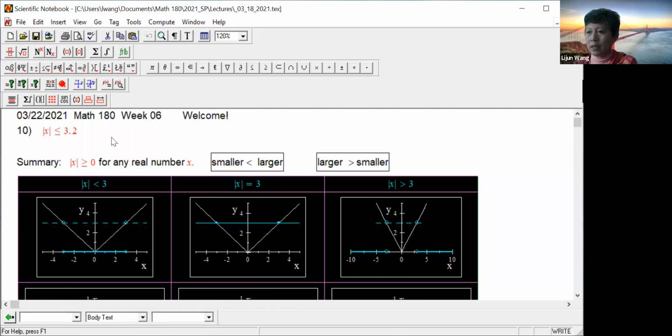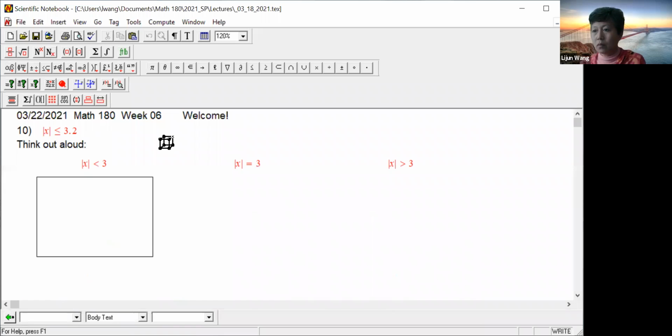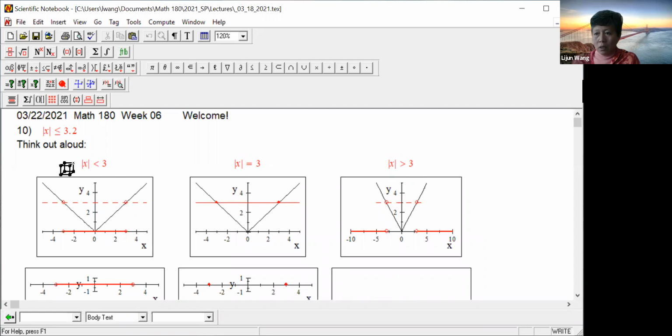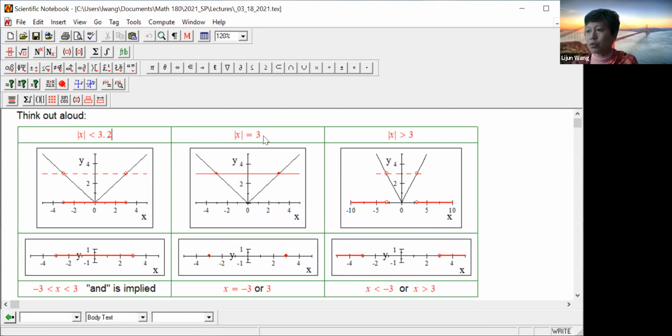So this entire picture, as it applies to this situation. I'm going to think out loud. Less than or equal to 3.2, meaning it includes less than 3.2 or equal to 3.2.